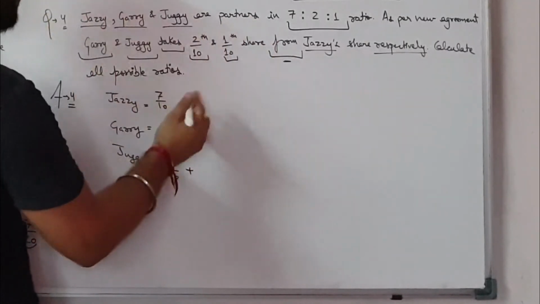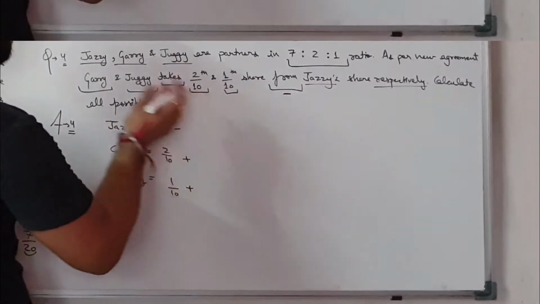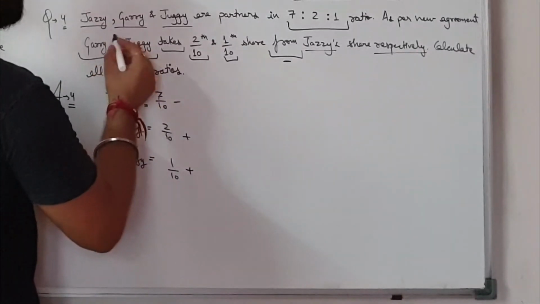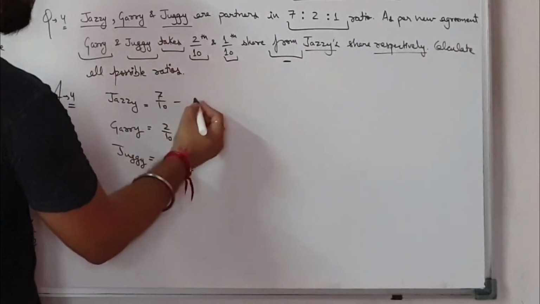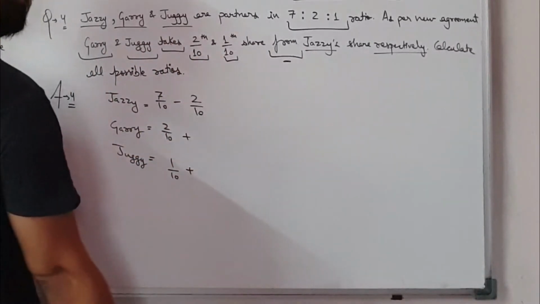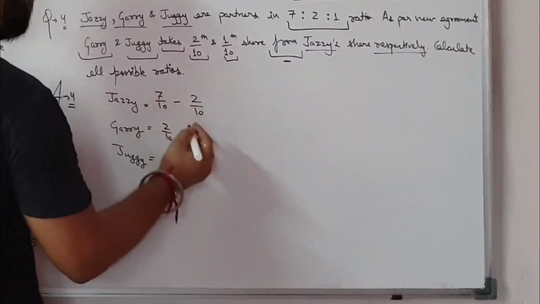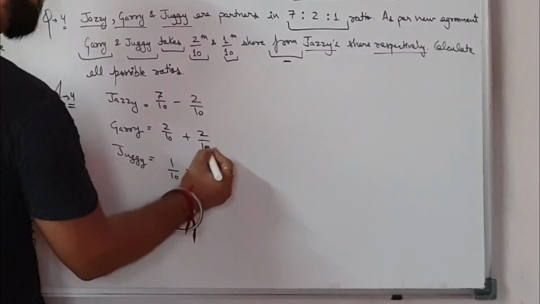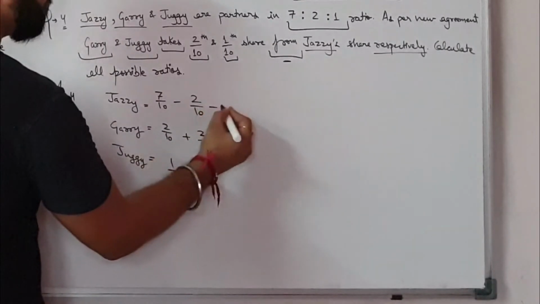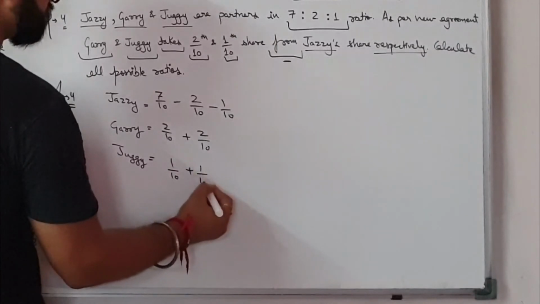If they take from Jazzy, then Jazzy has to give. Jazzy will sacrifice. How much? Gary will take 2/10 from Jazzy. From means direct deduction. 2/10 is deducted from Jazzy and given to Gary. 1/10 is deducted from Jazzy and given to Jaggi.